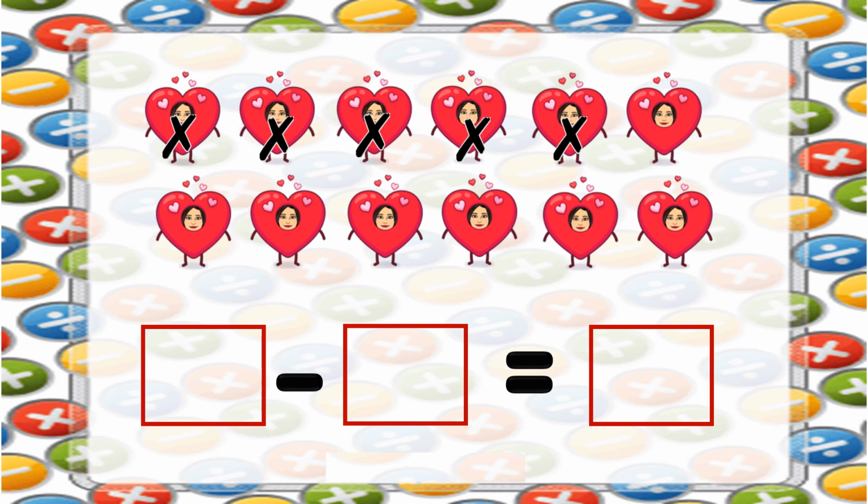Okay, let's check your answer. For the minuend, let's count all the objects. 1, 2, 3, 4, 5, 6, 7, 8, 9, 10, 11, 12. So, 12 objects or hearts. And for the subtrahend, those crossed out, let's count. 1, 2, 3, 4, 5.